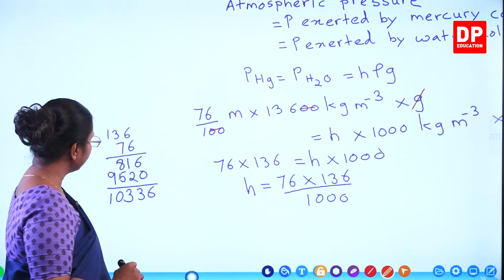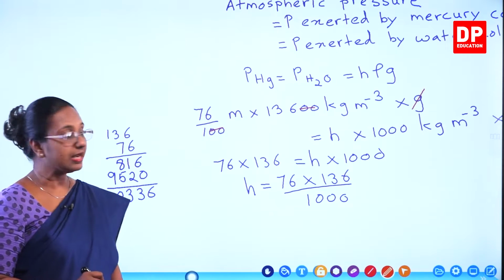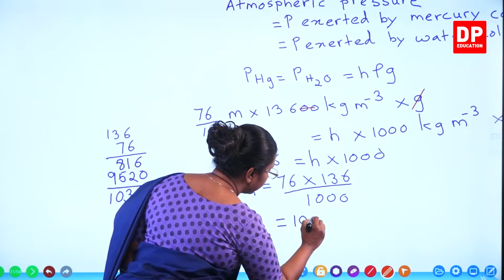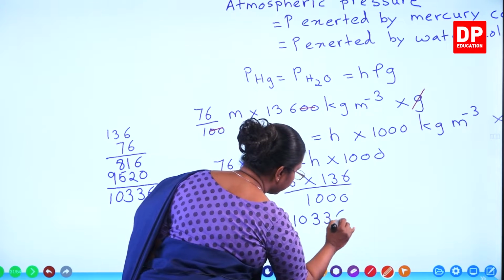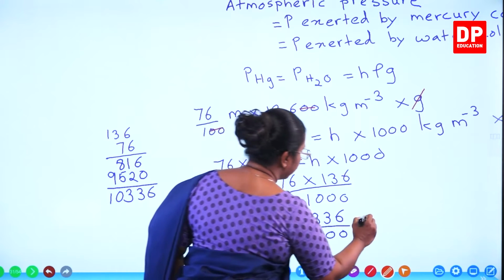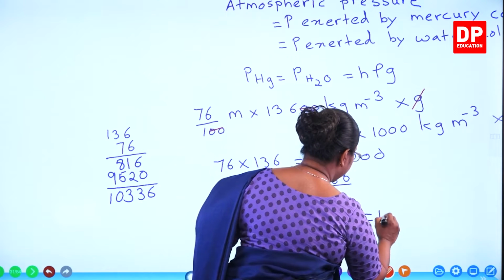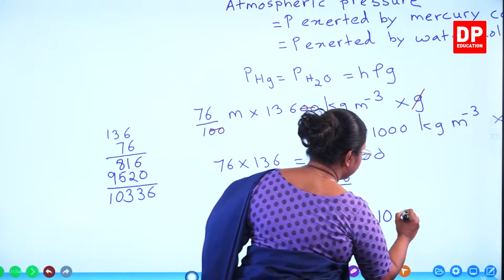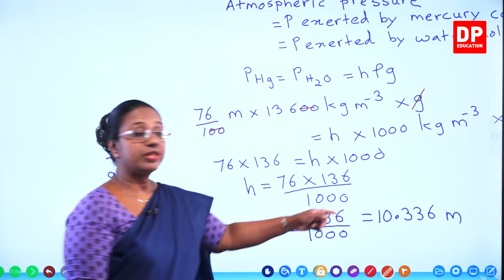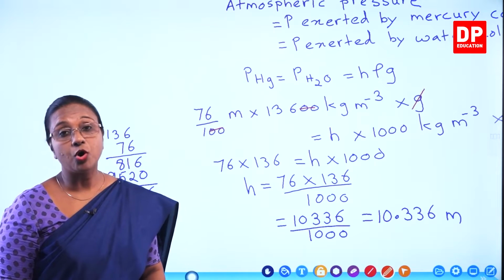So this has to be 10,336, but we have to divide that by 1000. 10,336 divided by 1000 will be equal to 10.336 meters. So that will be the height of the water column.